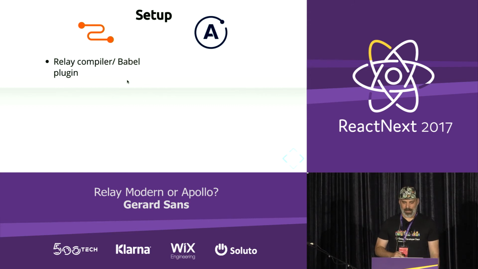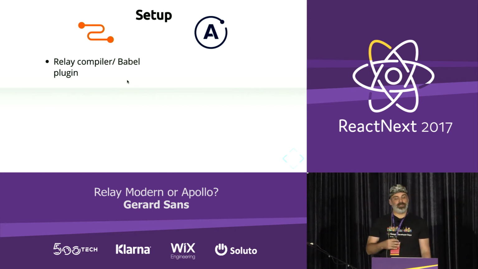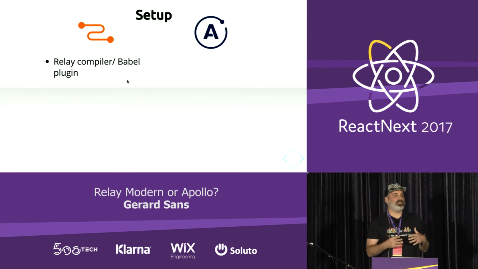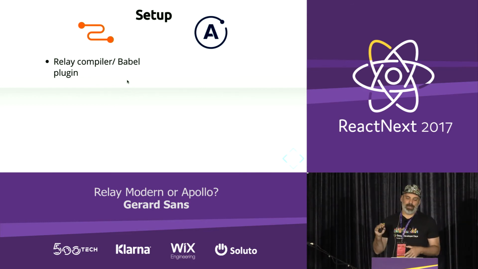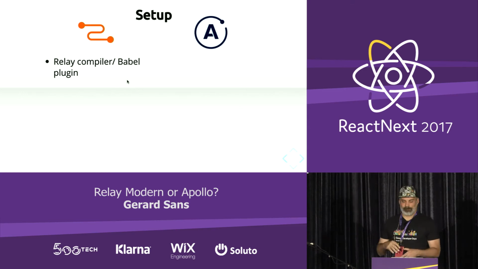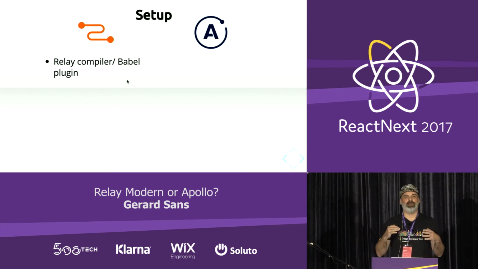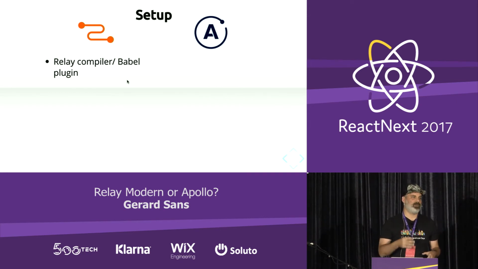For the setup, as I mentioned, we need to set up the compiler, which is the Relay compiler, and also link it with the Babel plugin. And this will run these optimizations on all of our fragments and queries and whatnot.